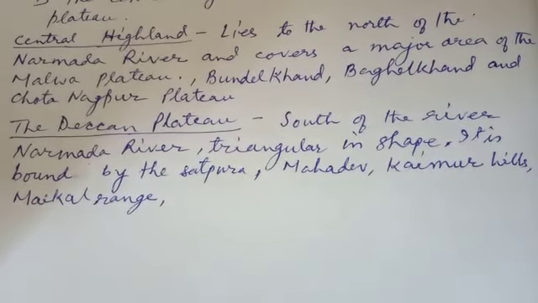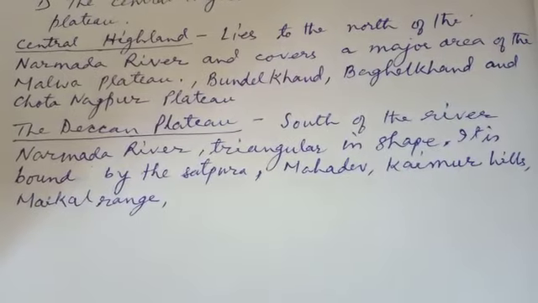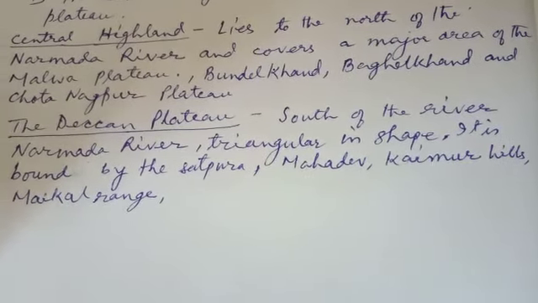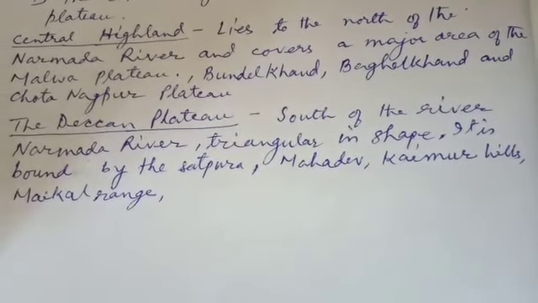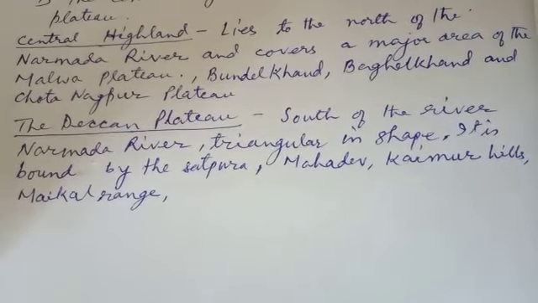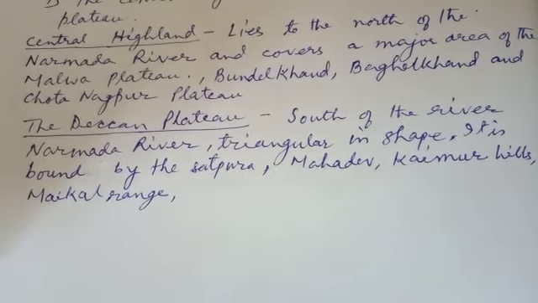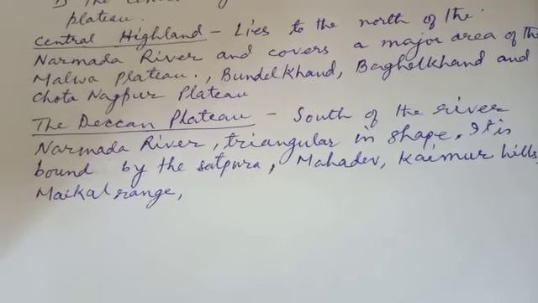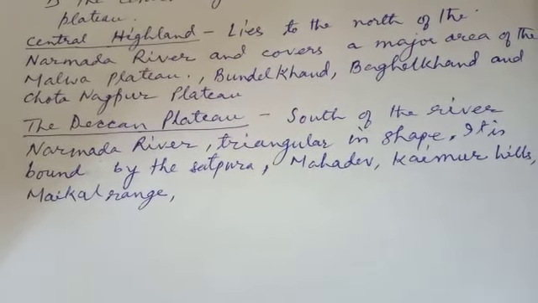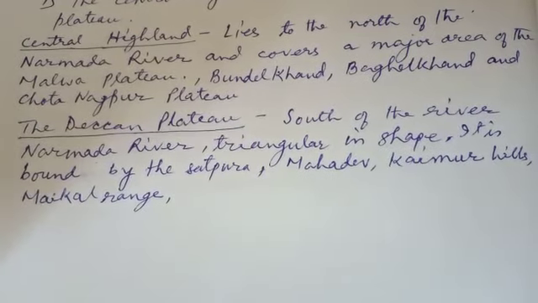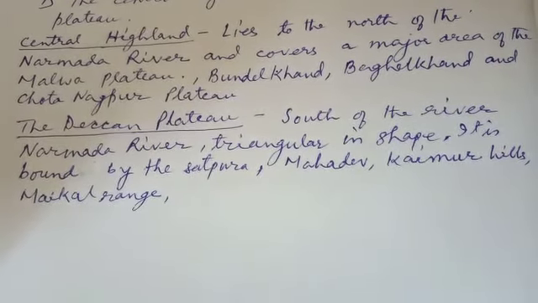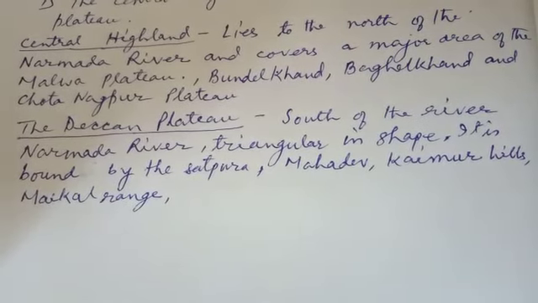Western Ghat lies parallel to the western coast, while the Eastern Ghats stretch from the Mahanadi Valley to the Nilgiris in the south. The Western Ghats are continuous and can be crossed through passes only, whereas the Eastern Ghats are discontinuous and dissected by rivers draining into the Bay of Bengal.